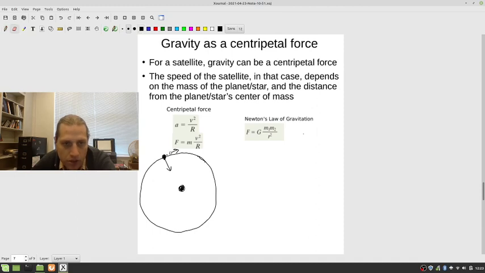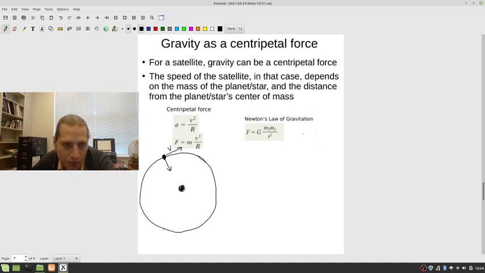So, just to say it a different way, if your object is just staying still out there in space and you let it go, it will accelerate and accelerate and get faster and faster until it hits the Earth. On the other hand, if you give it some speed going around that circle, it can go fast enough so that as it falls, it continually misses the Earth.